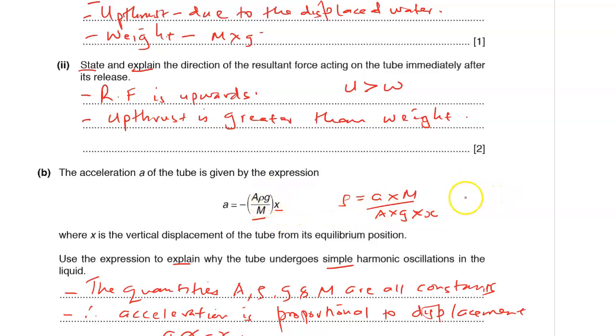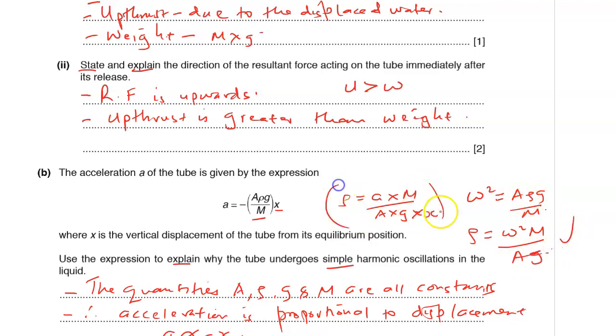So we can make density here as omega squared times mass over A g. Yes, this is the correct one.